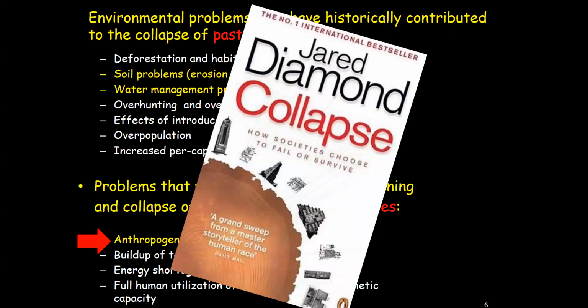Now, this book is probably one of the most important books that has been written in the last 20 years. It deals with how societies choose to fail or survive because of what they do to their environments.